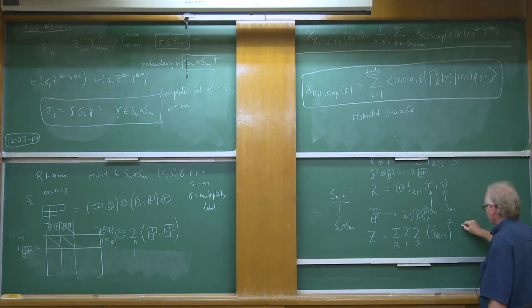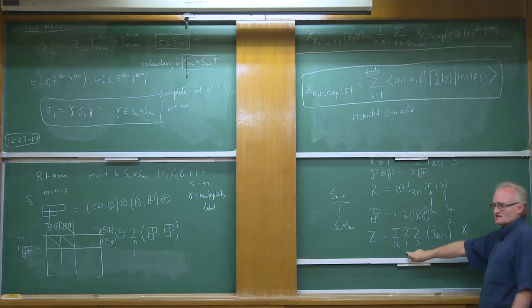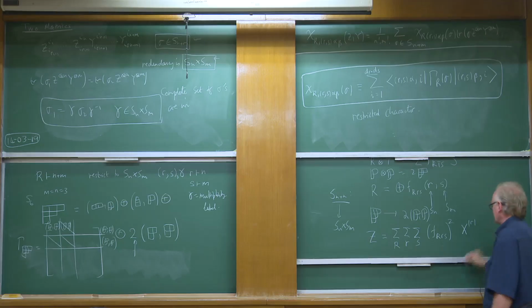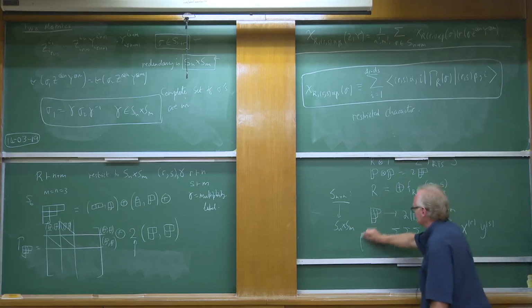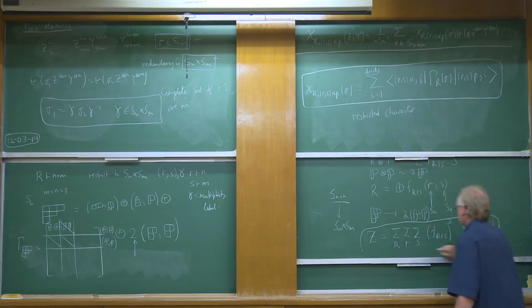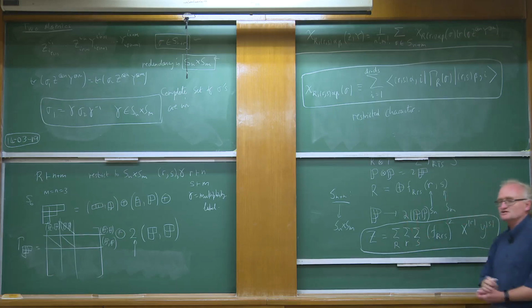Then let's have a parameter, maybe X, to keep track of the R's, the number of boxes in that Young diagram. You can have Y, the number of boxes in the other Young diagram. And you can prove that this thing is equal to the partition function that you would get if you just counted 1/8 BPS operators in the 2-matrix model. So that counting works out.